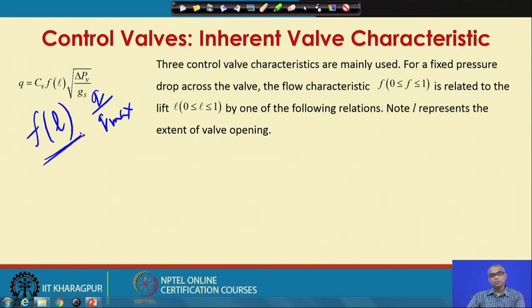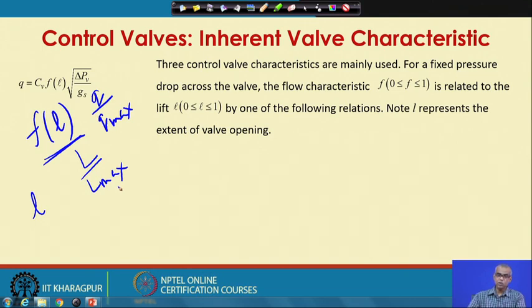Similarly, the lift l, which is expressed as L by L max, can also take in values from 0 to 1. So, for a fixed pressure drop across the valve, the flow characteristic is related to the lift by a certain set of equations.